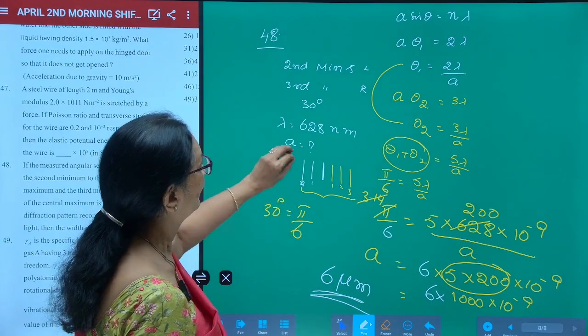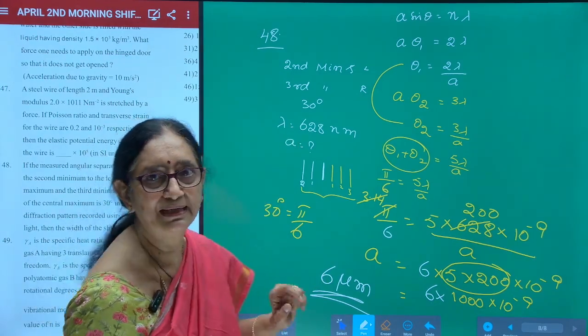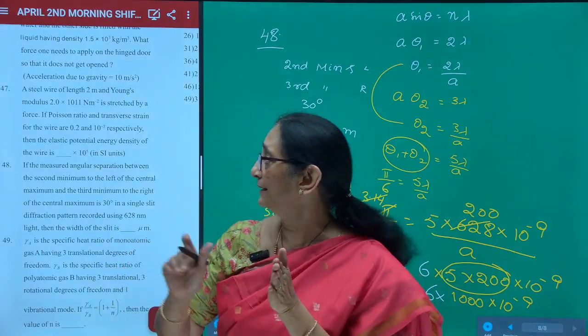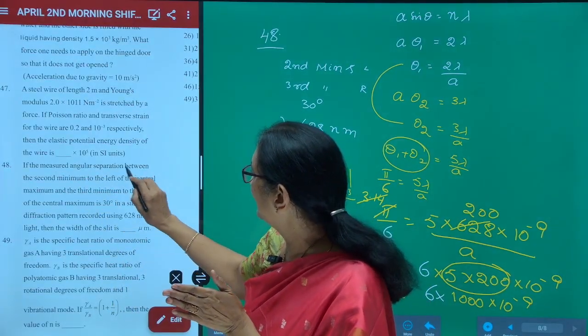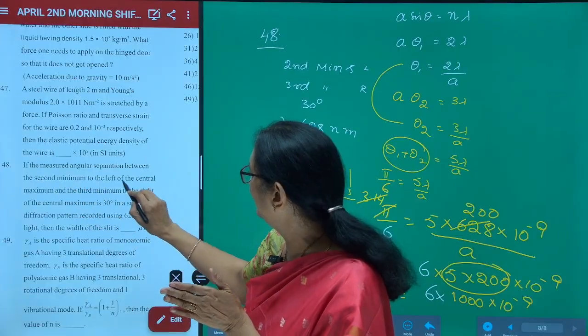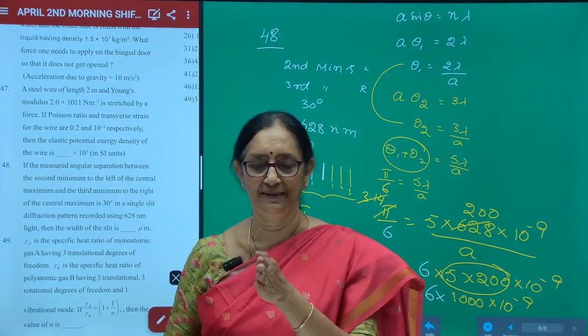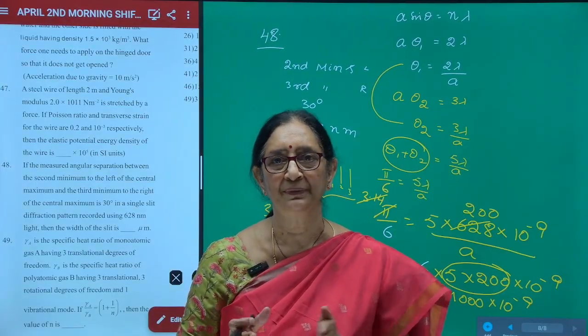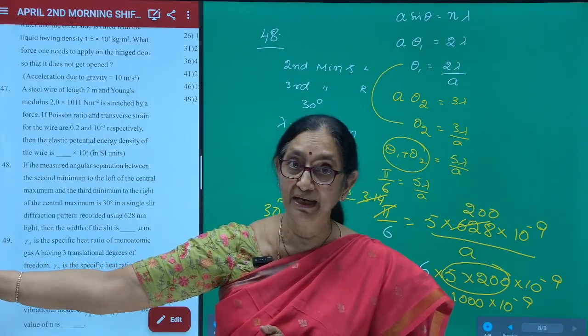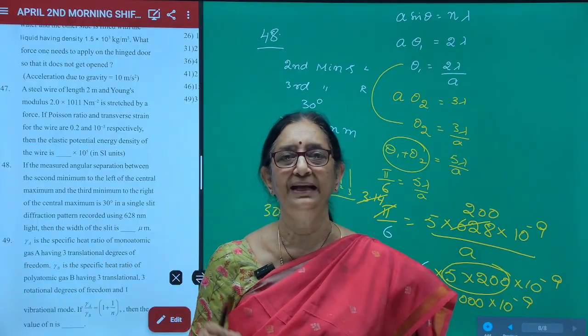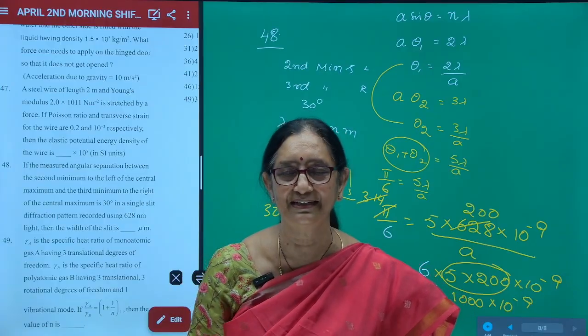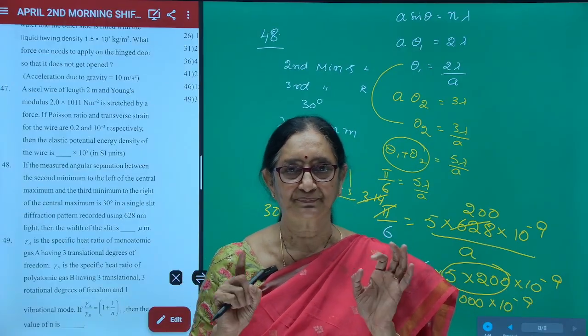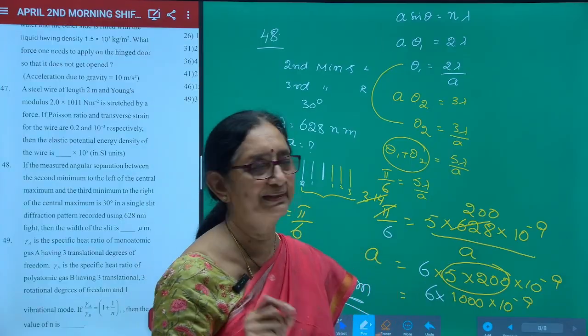So here coming back, it is given that the measured angular separation between the second minimum to the left of central maximum, this is central maximum, to the left second minimum, to the right third minimum, are separated by 30 degrees.